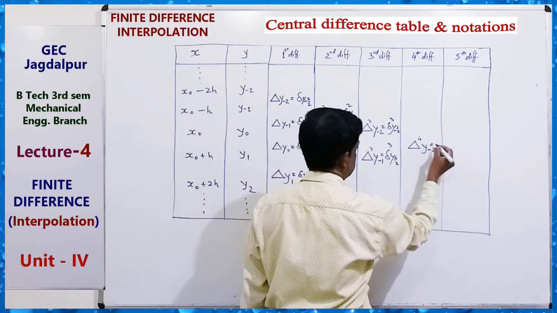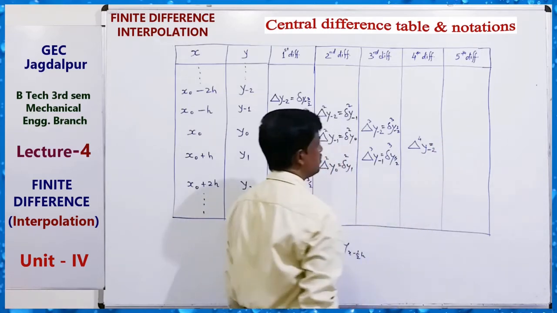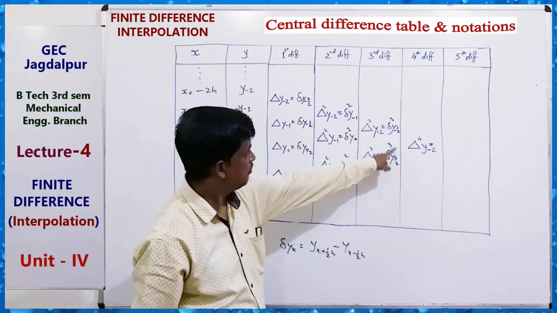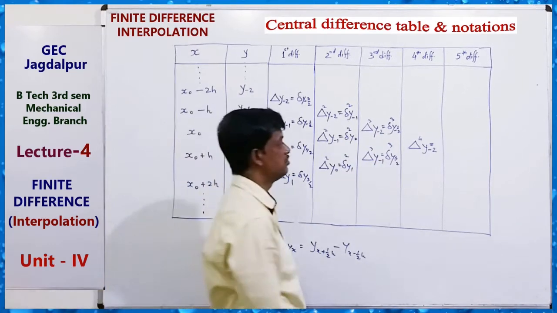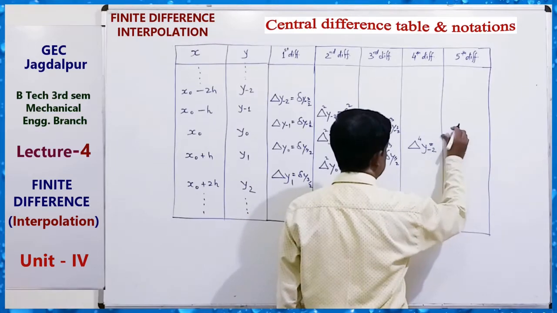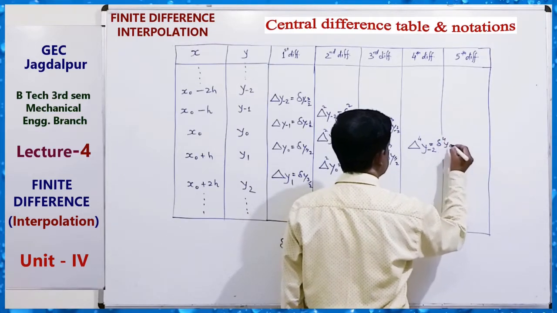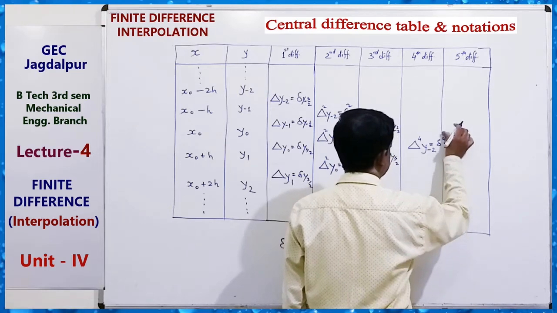And this can also be written as how? Average of half and minus half, 0. So this is central del for y 0. Okay.